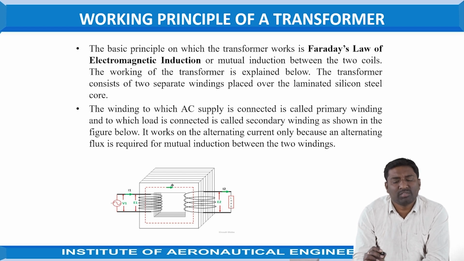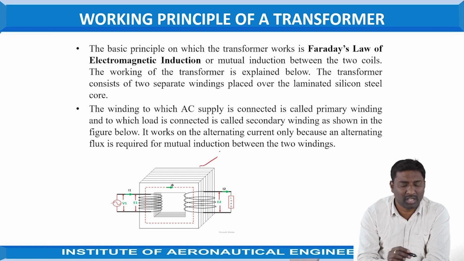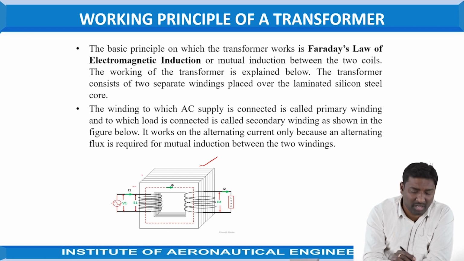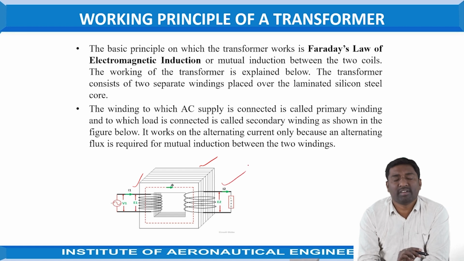The winding to which the AC supply is connected is called the primary winding, and the winding which is connected to the load is called the secondary winding, according to this figure. You can observe here that it works on alternating current only, because an alternating flux is required for the mutual induction between the primary winding and the secondary winding.